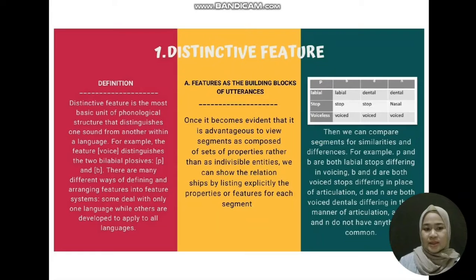There are many different ways of defining and arranging features into feature systems. A feature is a building block of utterance. Once it becomes evident that it is an advantage to view segments as composed of sets of properties rather than as individual entities, we can show the relationship by listing explicitly the properties or features for each segment.